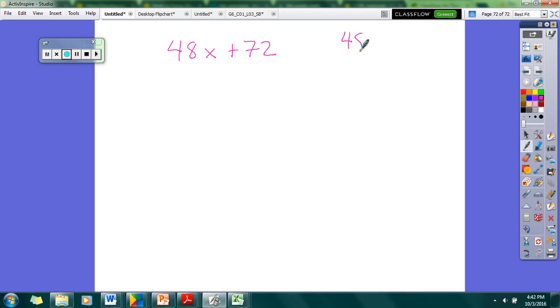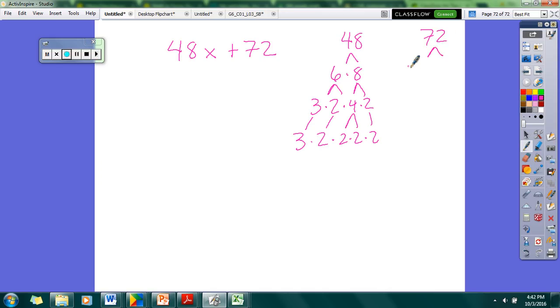So 48 is going to be 6 times 8, which is going to be 3 times 2, times 4 times 2, 3 times 2 times 2 times 2 times 2. Then I'm going to have 72, which is going to be 24 times 3.